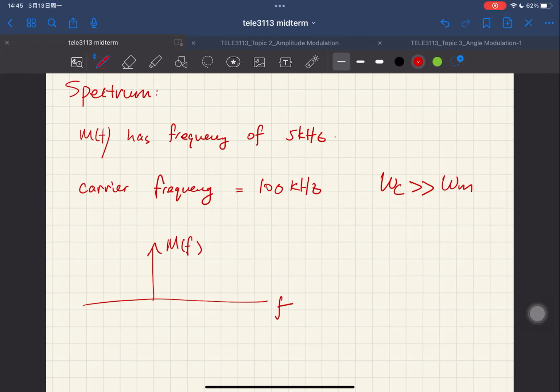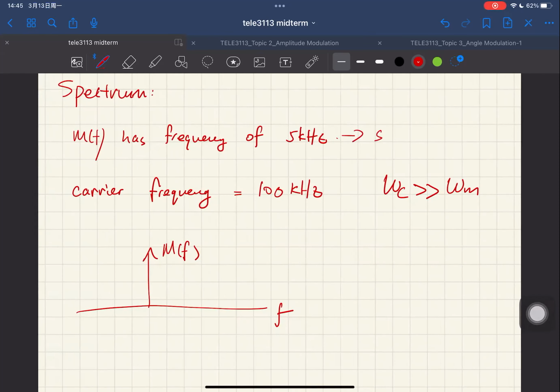I'm going to assume the message is sinusoidal, probably just a cosine. I'm going to write it as cos(omega_m t), where f is equal to 5 kHz and omega_m is equal to 2 pi times 5 kHz.